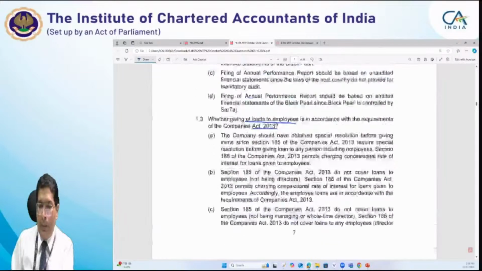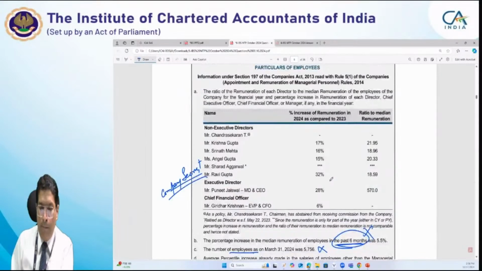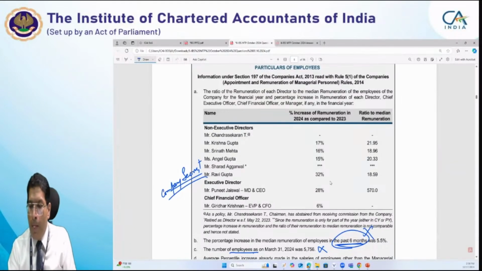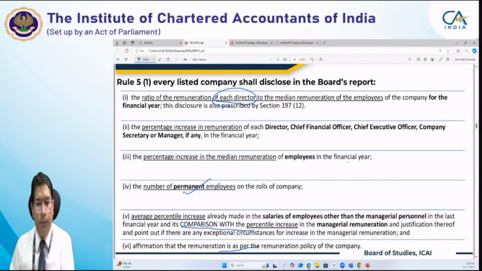Let us see. Please see point first, the ratio of median remuneration of each director.